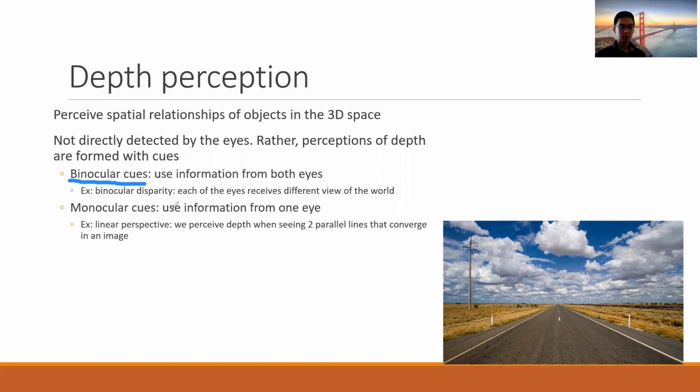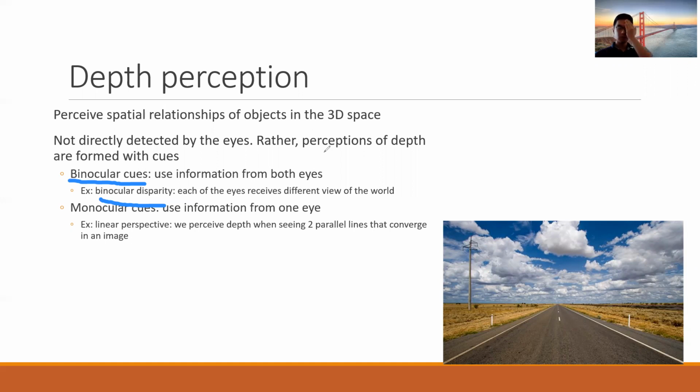One example is called binocular disparity. Each eyeball sees a slightly different picture, because the two eyeballs are located in slightly different places, so each eye receives a different picture of what we are seeing at the same moment.